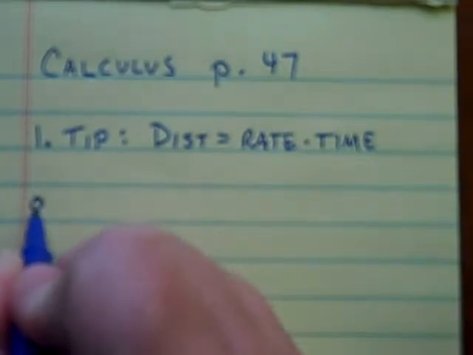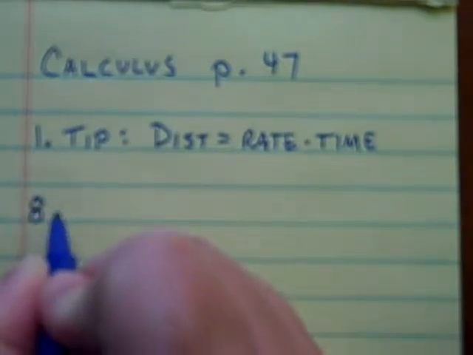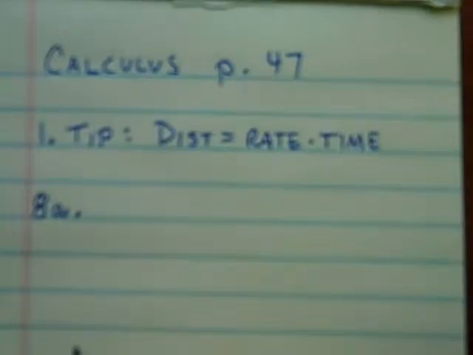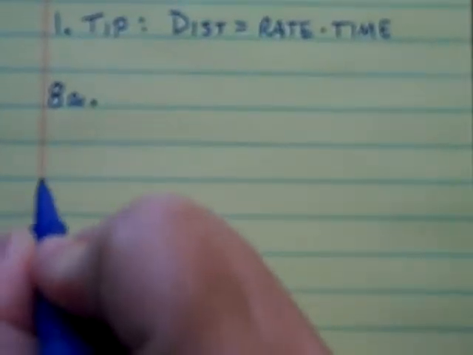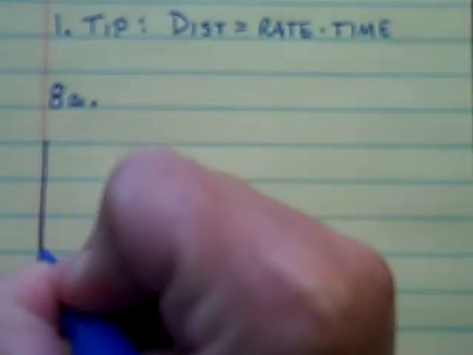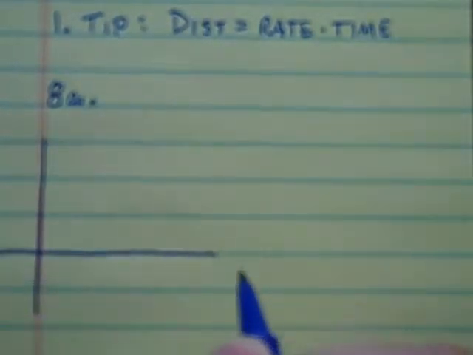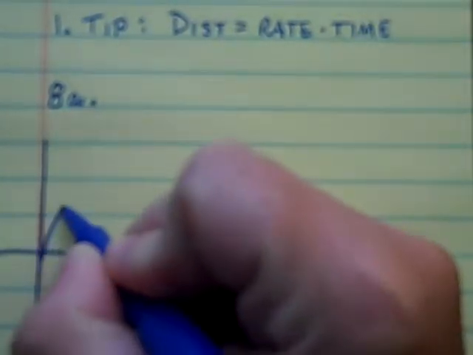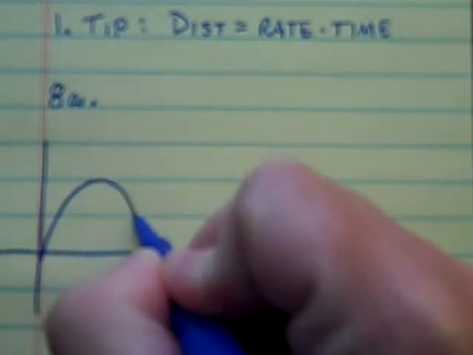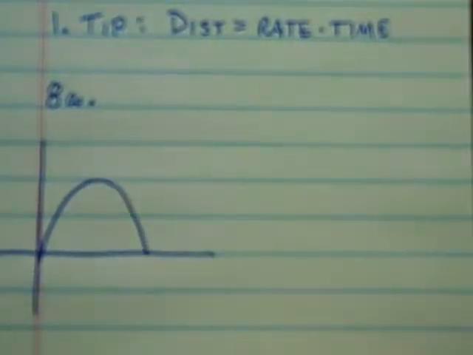The second problem I'm going to help you with is number 8a. So I'm going to start by drawing a quick sketch. All right, and a little piece of the sine curve, like so.